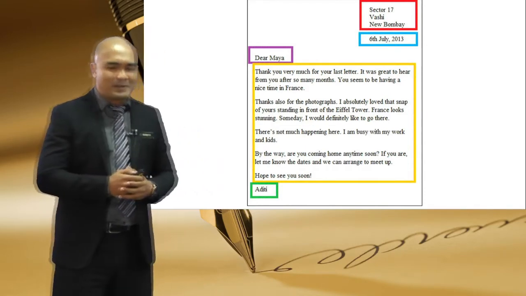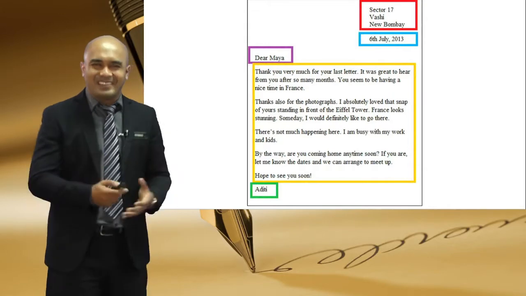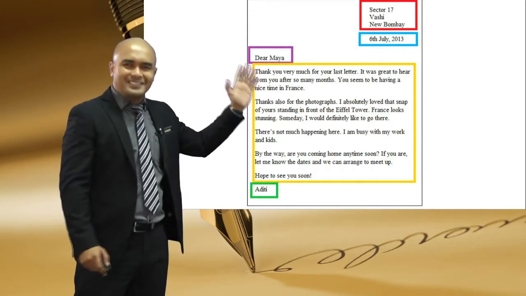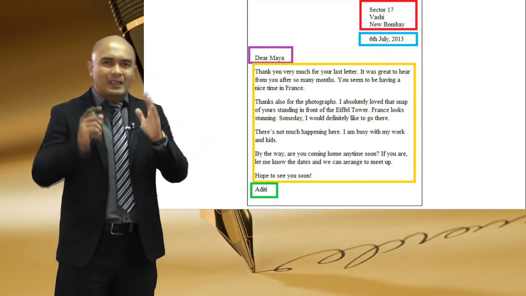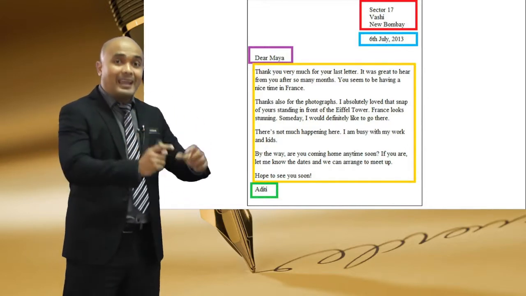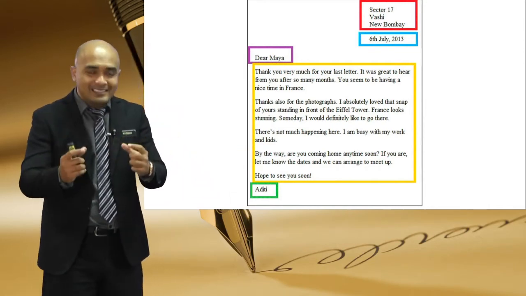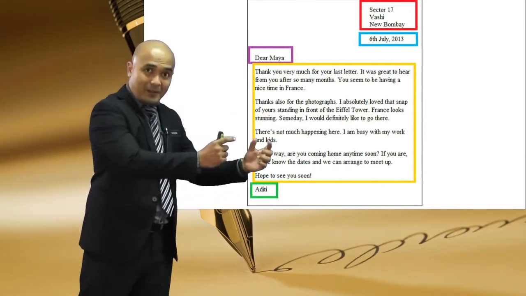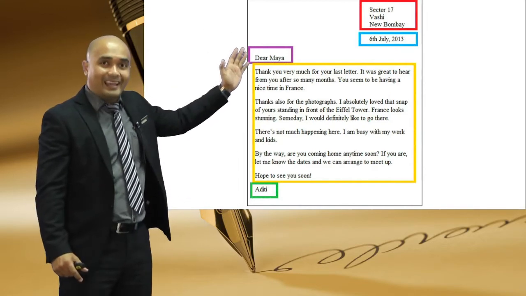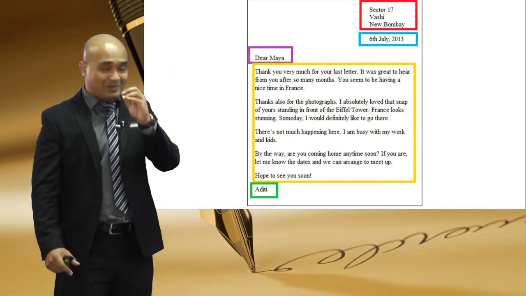Let me give you a tip. A lot of students do not remember this. Whose address is there? Remember this. The receiver's address is on the envelope. Remember that. The receiver's address is on the envelope. So, in the letter is the sender's address. Do you remember this?